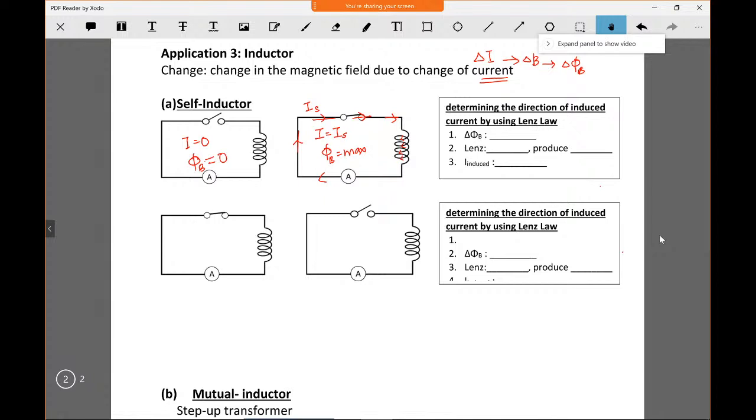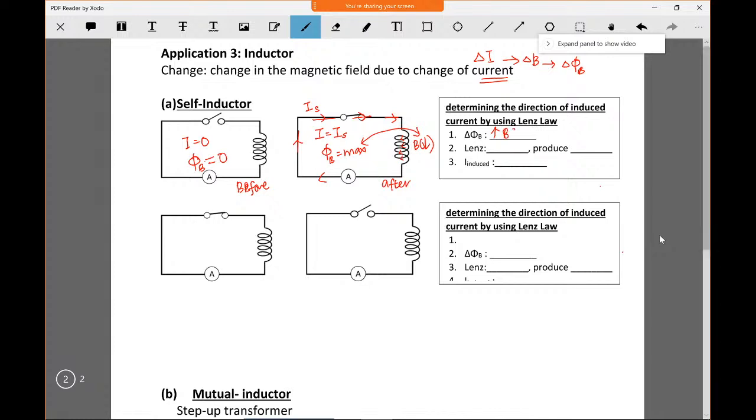According to the right hand grip rule, you will get a magnetic field moving downwards, and it is at the maximum now. So if you compare before and after, is there a change in magnetic flux? Yes, right.